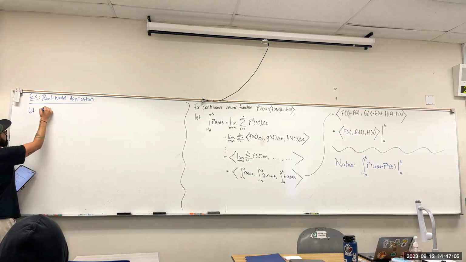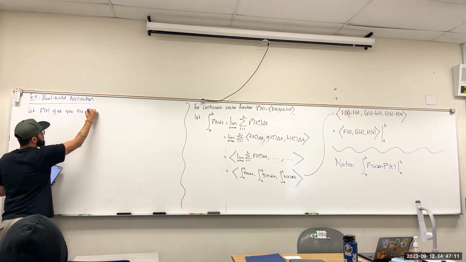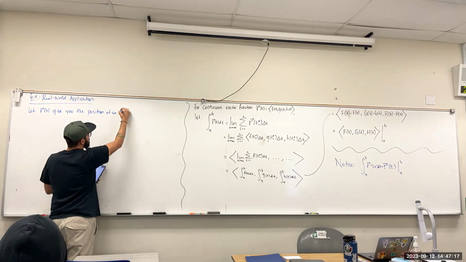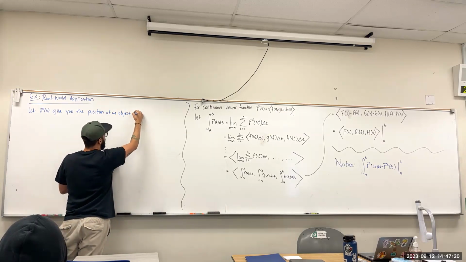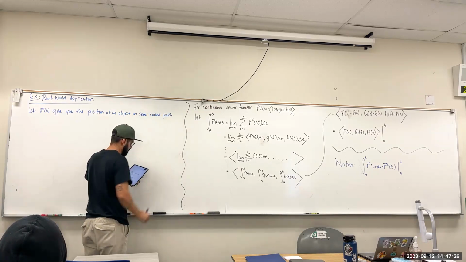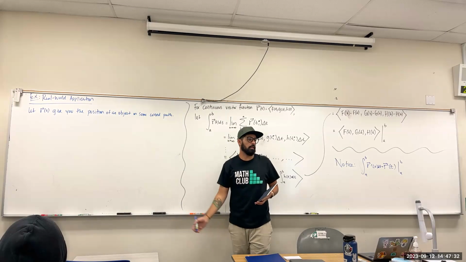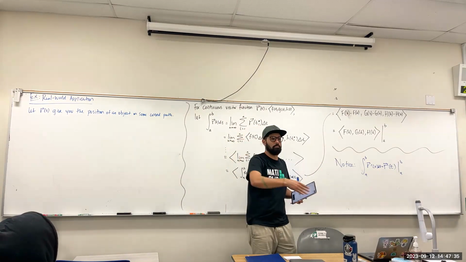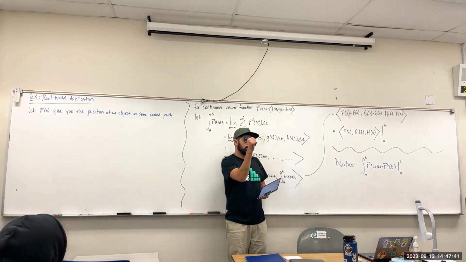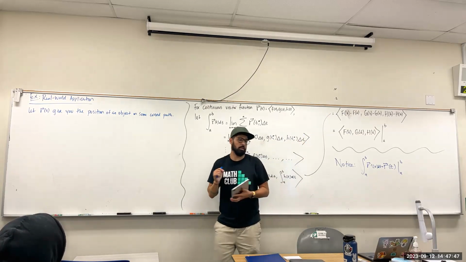So let's let r of t give you the position of an object on some curved path. Okay? Like the stuff I've been showing you with like a baseball or something. Or maybe like there's a bird that's flying on some path. And this vector function gives you the trajectory of it. So you plug in a t and it'll give you a vector, but then that point is where the bird's located at. So let's say that that's what this is supposed to do.